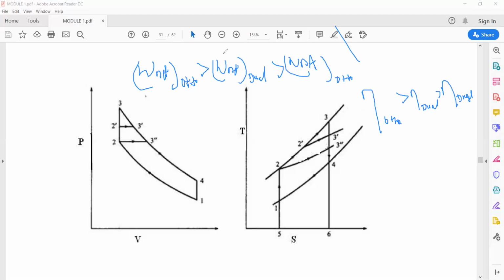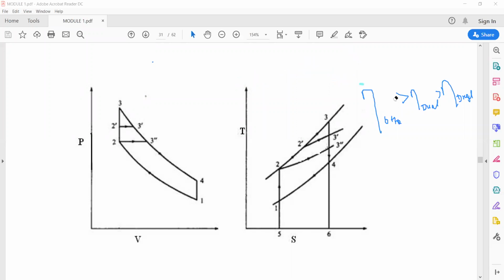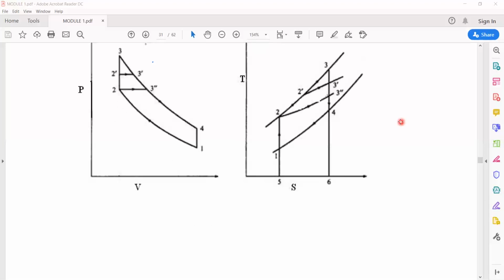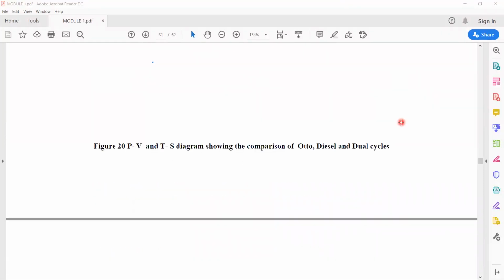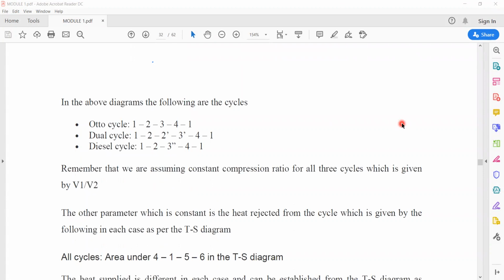So you can note down or you can take the screenshot of this. So please take the screenshot of this PV diagram, all of you. First let me rub this. Take the screenshot of this PV and TS diagram. Whatever I explained till now, the same thing is there in this explanation.